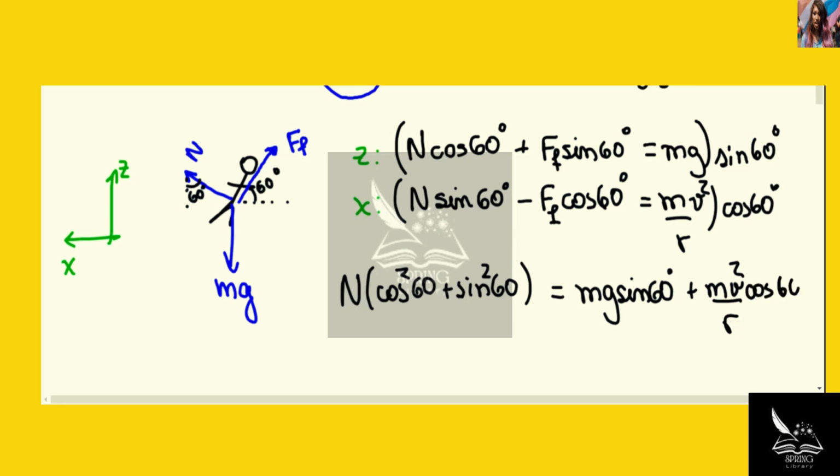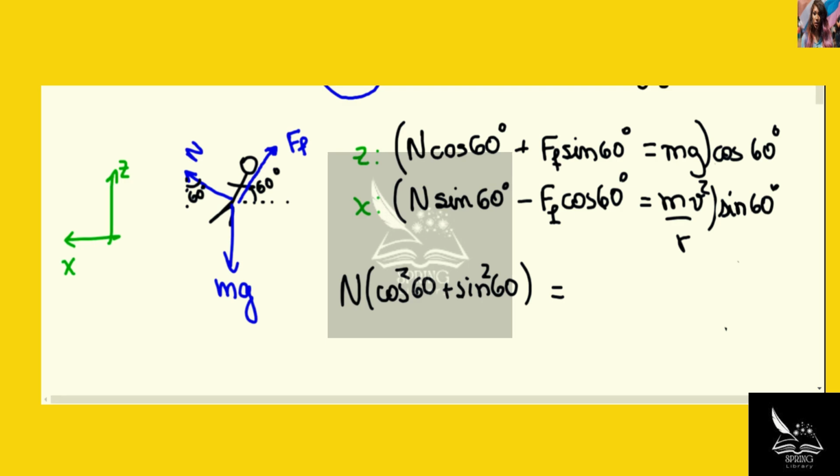Actually, I'm sorry for that. There's something wrong here. I should have multiplied in the inverse order, so I should have multiplied the first one by cosine of 60. That's correct. The second one by sine of 60. So sorry for that.